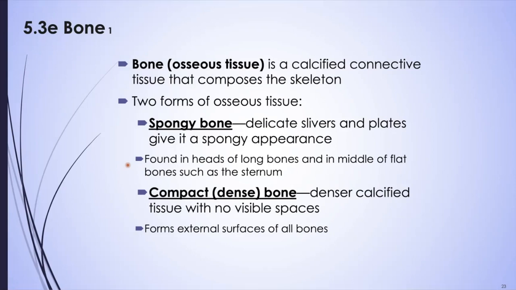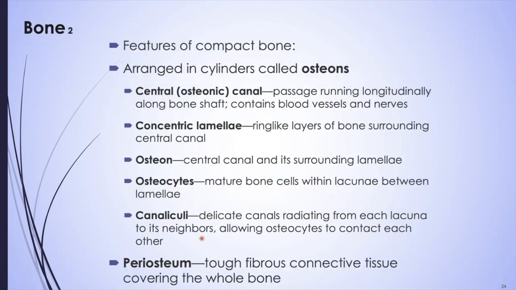Compact bone is denser calcified tissue that doesn't have visible spaces between the bone tissue itself, okay? That forms all of the external surfaces of the bones, and also the shafts of the long bones. We're going to get real specific when we go into our bone chapter. Actually, I lie, we're going to get a little specific here, but even more in our bone chapter.